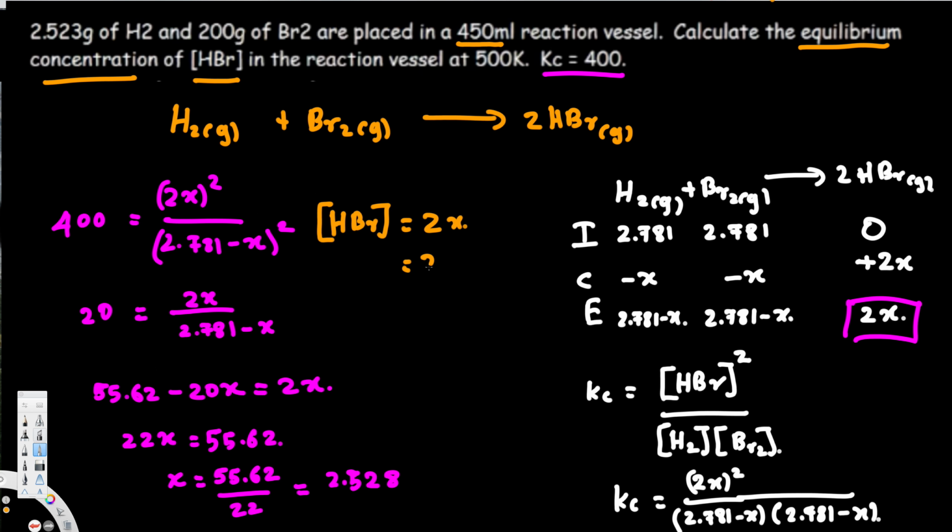So we have to multiply this value by 2. So 2 times 2.528, and if you calculate this one, you should get 5.06 molar, and that's going to be the equilibrium concentration for HBr, right? So that's our final answer.